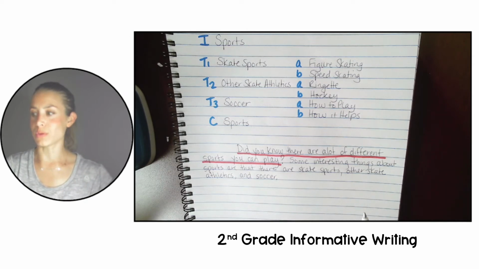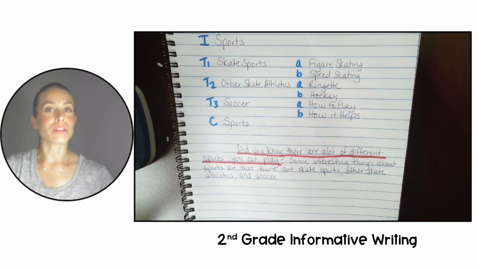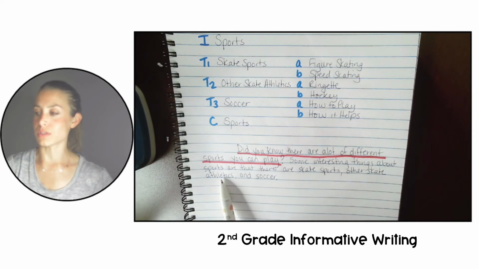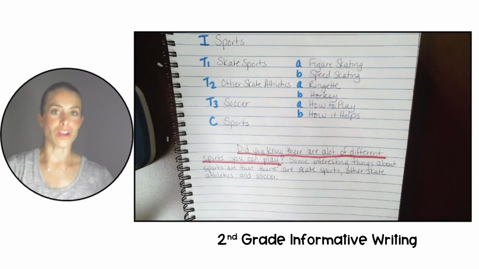I couldn't just say sports include skate sports, other skate athletics, and soccer. I made it sound a little bit better by adding some words so that it creates flow. So I said some interesting things about sports are that there are skate sports, other skate athletics, and soccer. It just flows, right? So I am going to always underline my three topic sentence in blue.